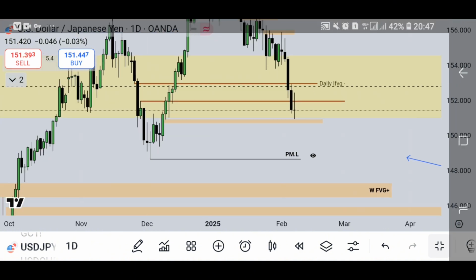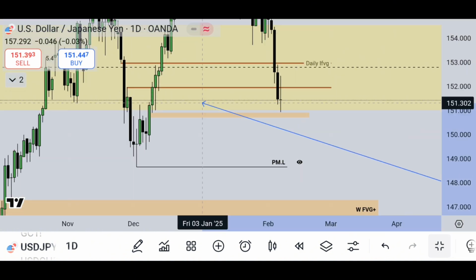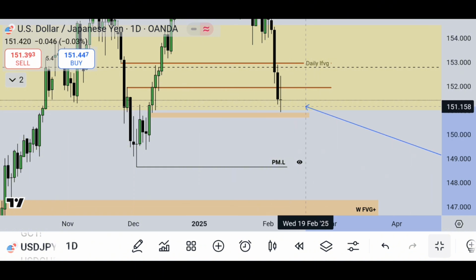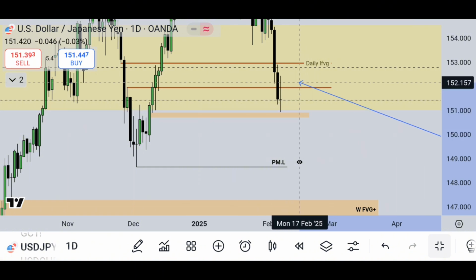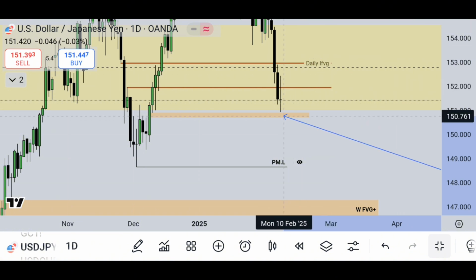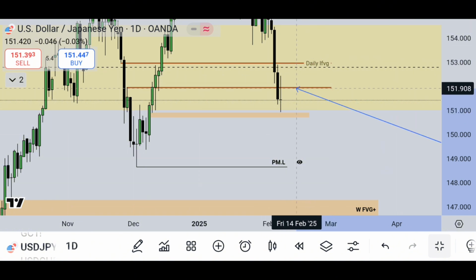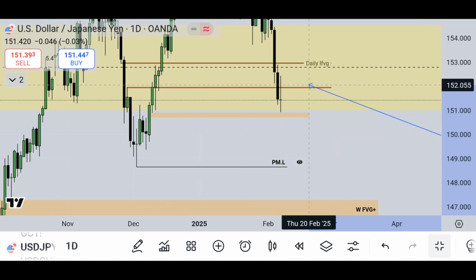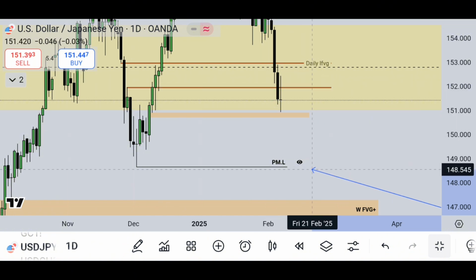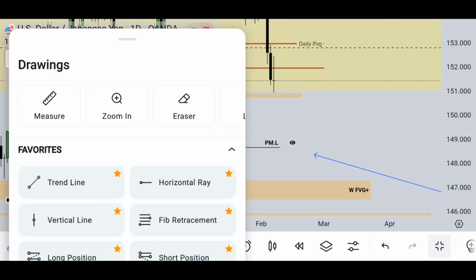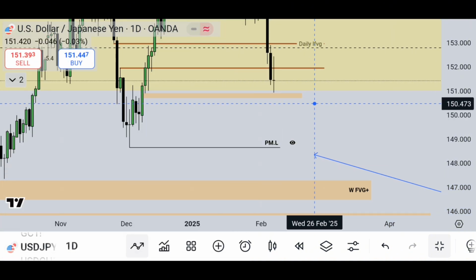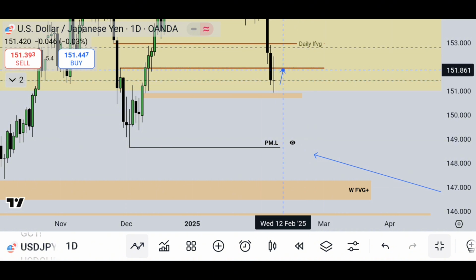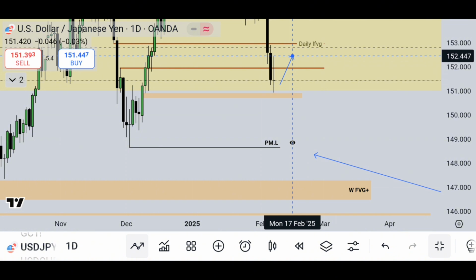Since price closed within this FVG imbalance, I will expect a certain rejection. Maybe price might come to retrace into this inverse imbalance, then it starts to deliver the sell side. I'll kind of draw it for you guys, something like this.